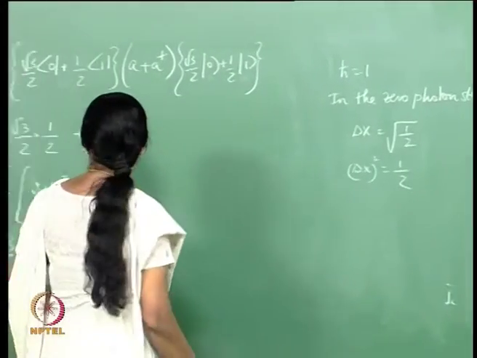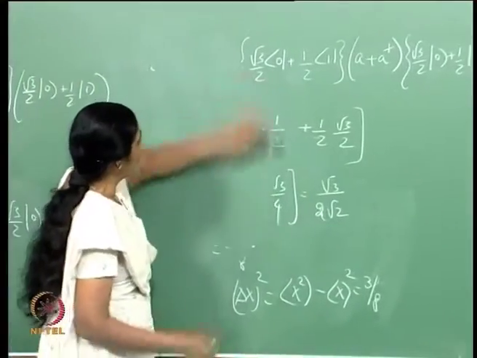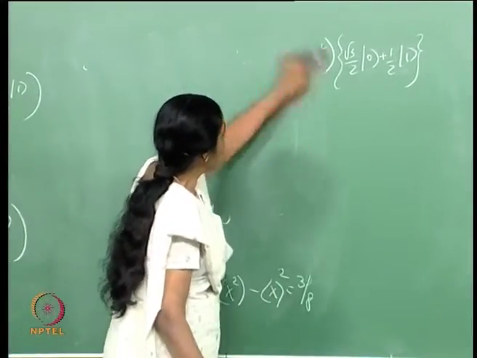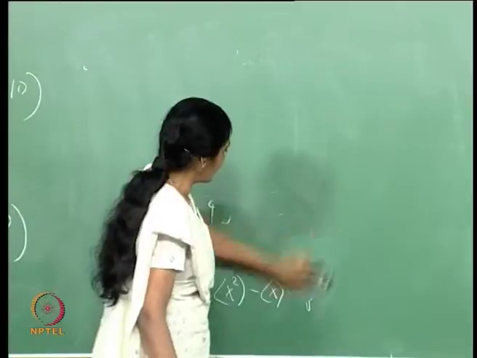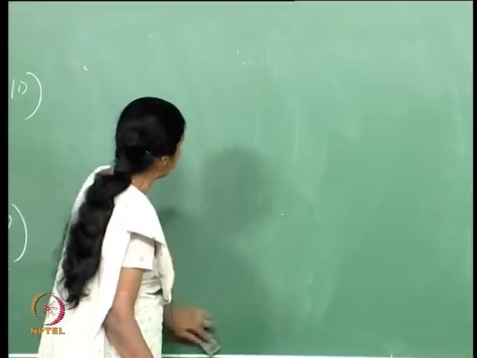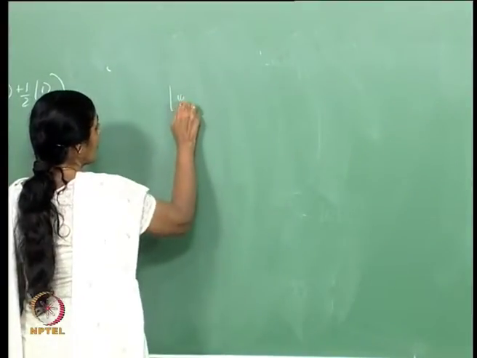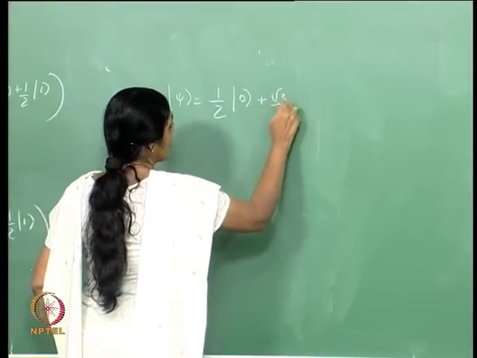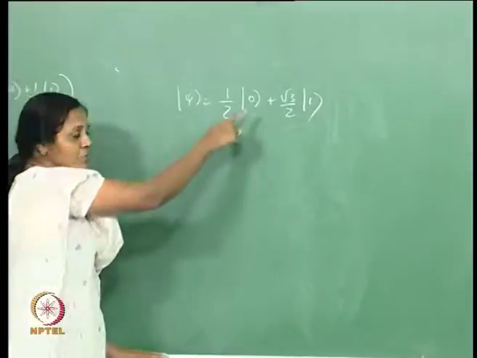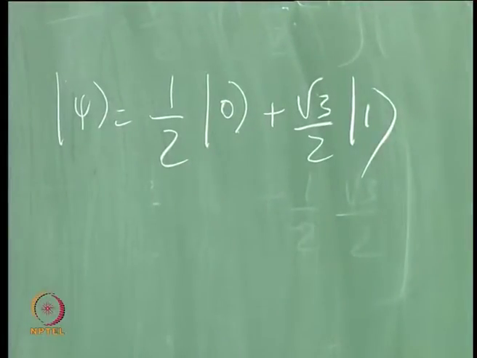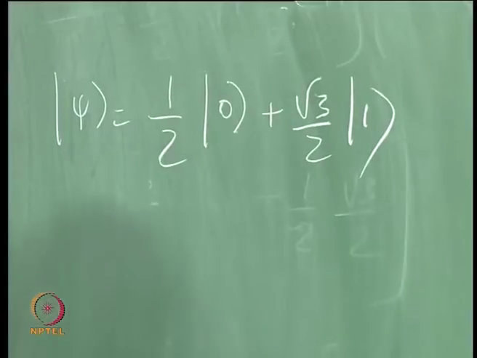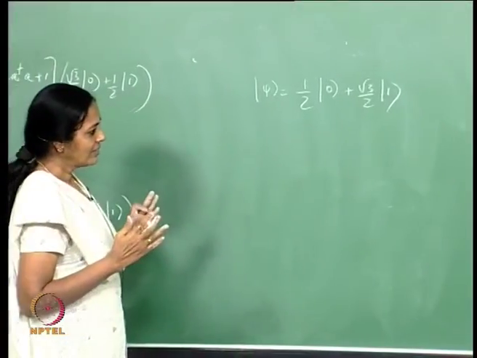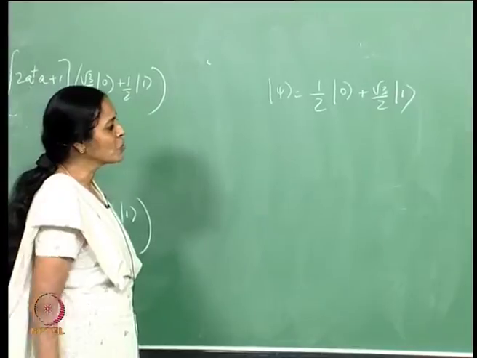Now, it is clear that I could have changed the coefficients, and suppose I constructed a state which is given by half ket 0 plus root 3 by 2 ket 1, it will be squeezed in the p quadrature and not squeezed in the x quadrature. So, this is the power of quantum superposition.